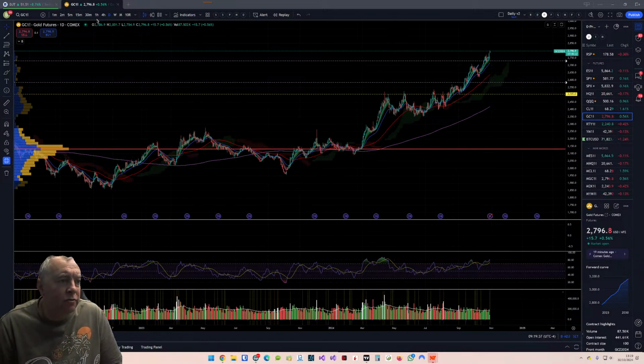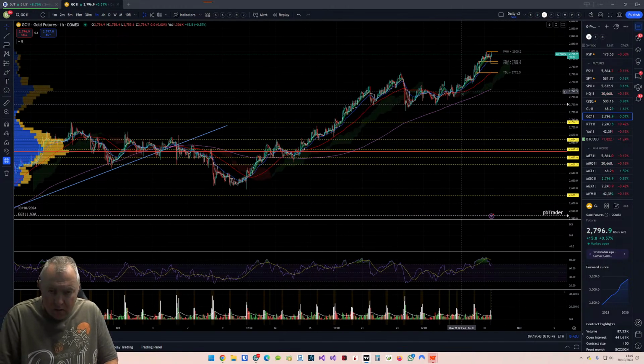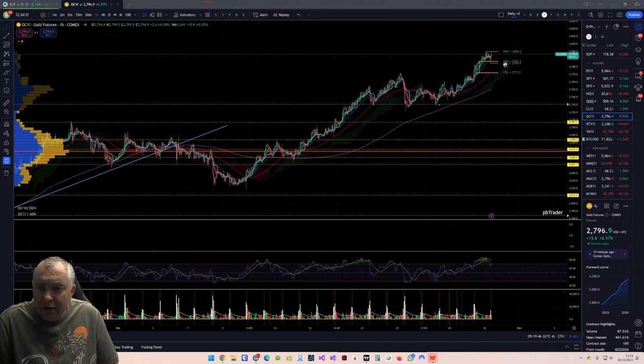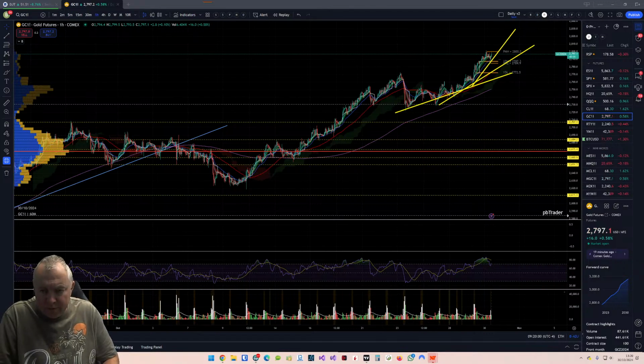See if we can find some levels on the hourly. Okay, we've got a trend. That's our trend there. We've got another trend there. Another trend there. Notice how it's fanning, so it's getting steeper and steeper, moving further and further away from the moving averages.